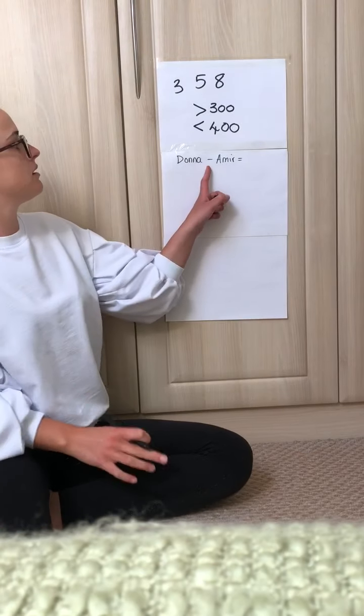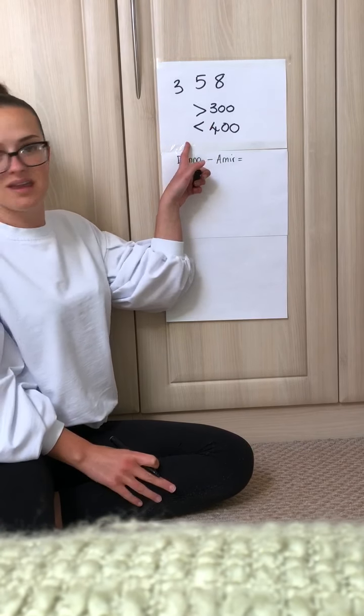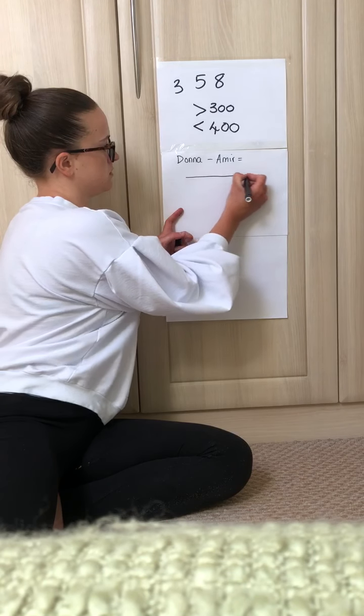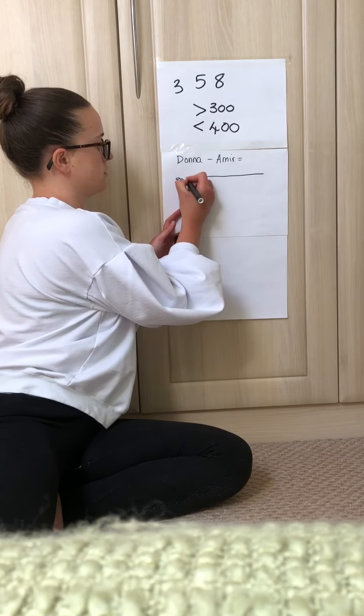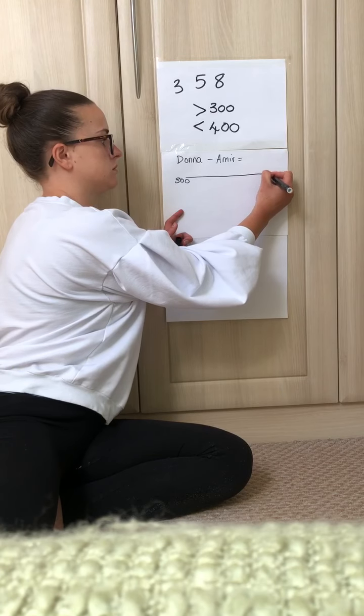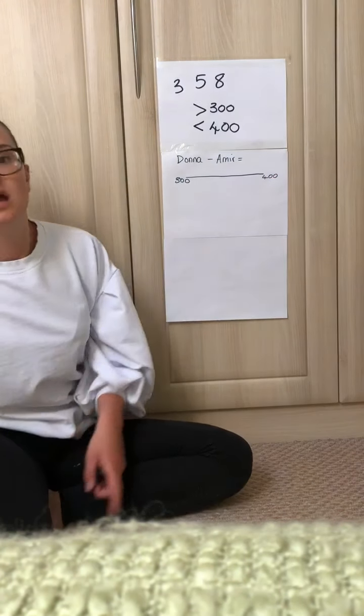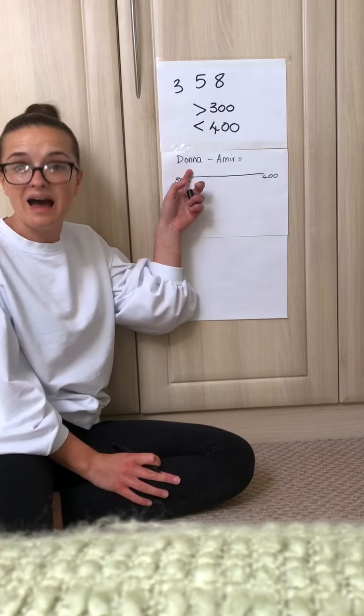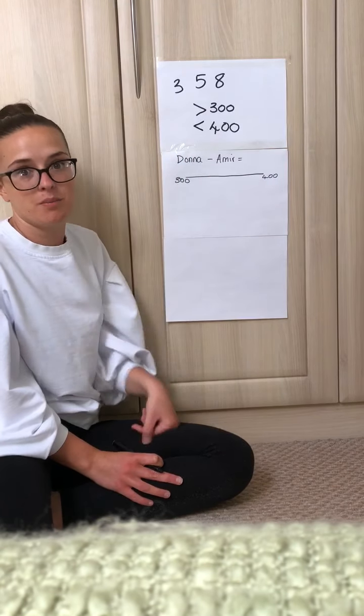My answer is somewhere in between 300 and 400. And because it's a subtraction calculation, I know that Donna's number has to be bigger than Amir's number.